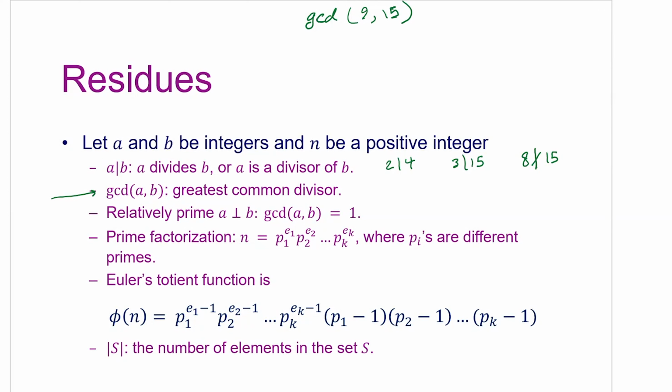The greatest common divisor is 3, right? So the GCD is 3 here. Or if I ask you what is the GCD of, let's say, 30 and 35, then I can say that 30 is 2 times 3 times 5, and 35 is 5 times 7. So you see that the greatest common divisor here is 5, okay?